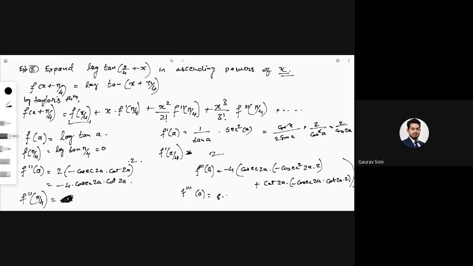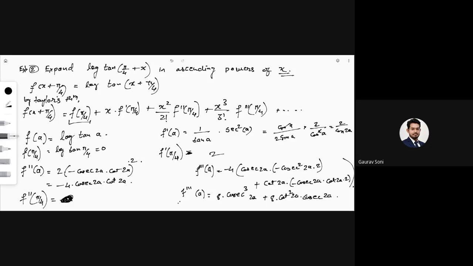8 cosec cube 2A plus, there is again 4 into 2, 8 cot 2A into cosec 2A, cot square 2A.